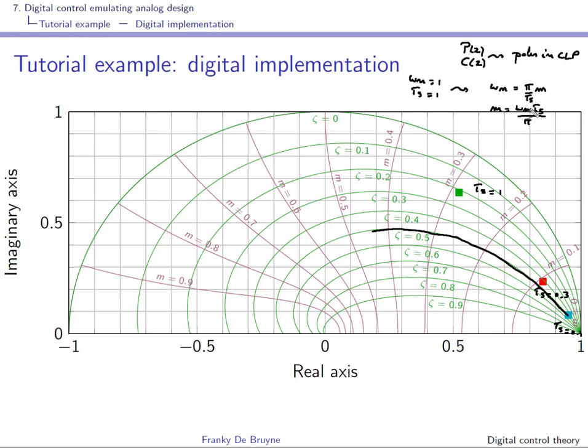So this is 1 times 1 divided by pi, so this is roughly 0.3. So we would expect a pole that is over here, right? So what we'll do next is so-called direct digital design. We'll work directly in the discrete time domain, and we'll do pole placement and place the pole over here.